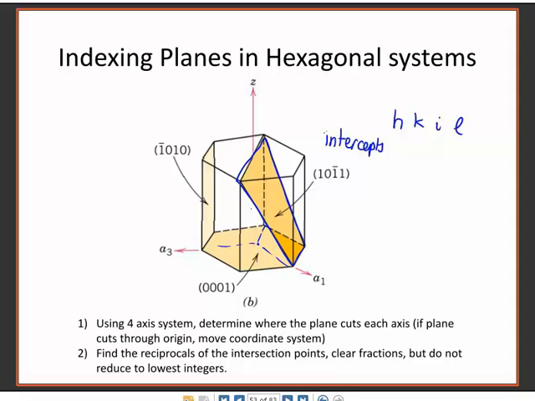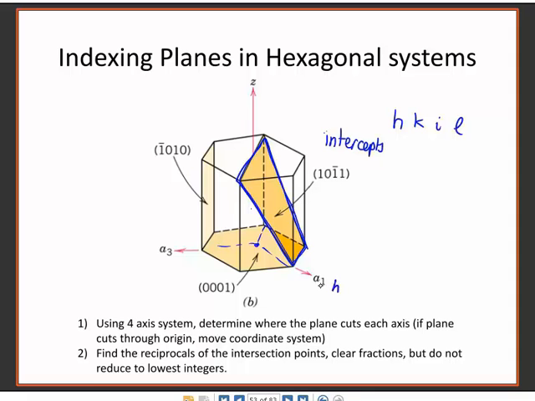If the plane intercepts with the origin of our coordinate system, we'll have to move our origin. Let's have a look at the plane which I have outlined with my blue pen and see how we get this result.